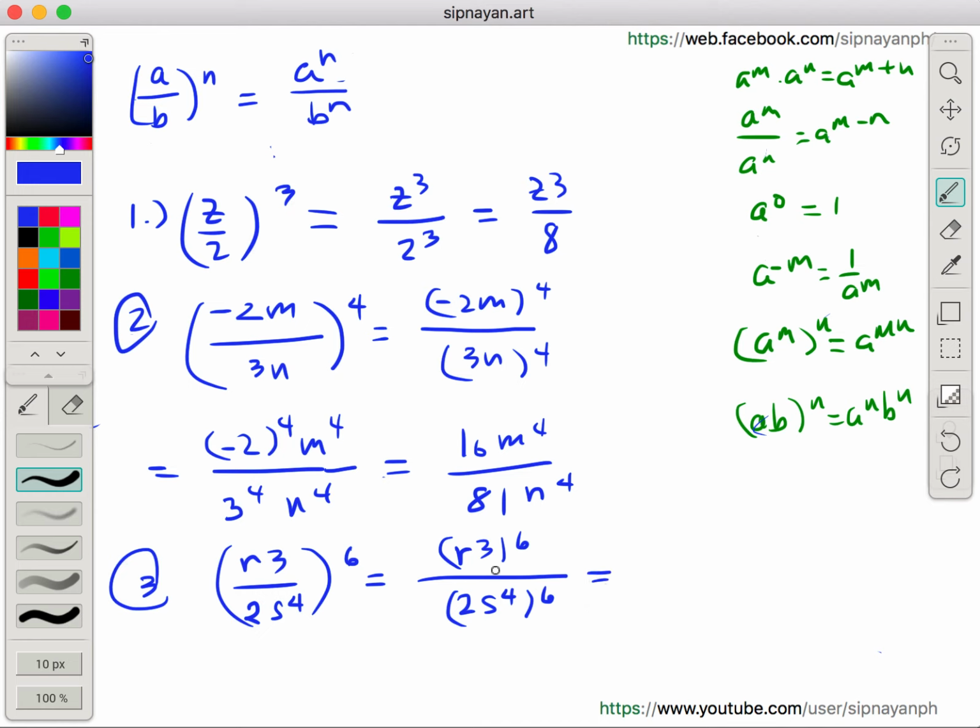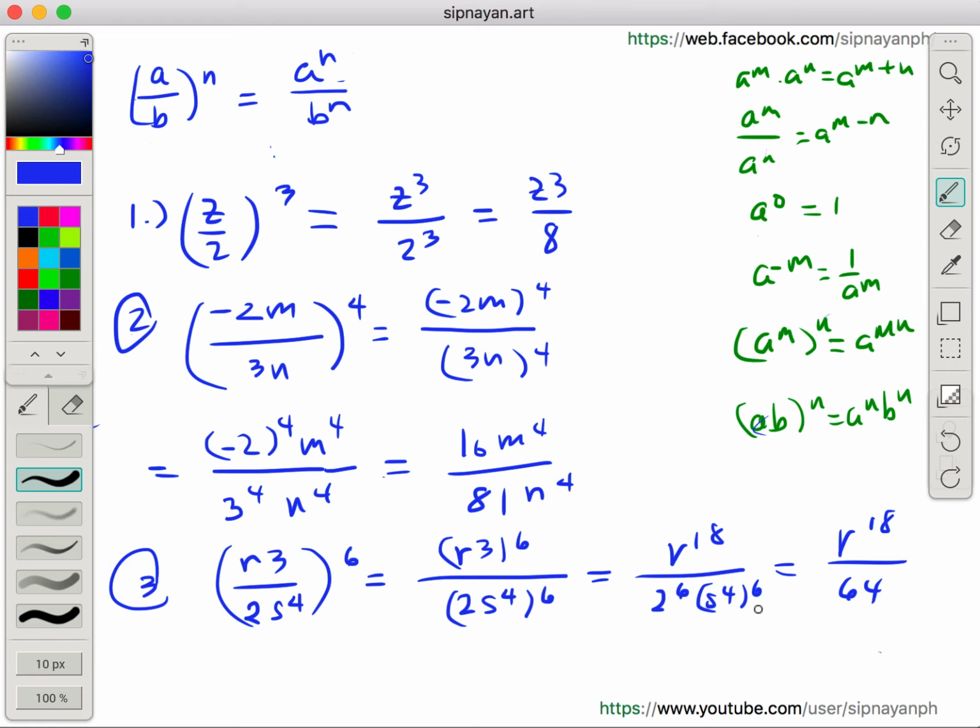So ito, by this law, multiply yung exponent. So that's r to the 18th. Ito, hindi pa pwedeng i-diretso. Magkaibang variable, you raise to a power, and this is power of a product. So 2 raised to the 6th, s to the 4th raised to the 6th. So this is r to the 18th over, what is 2 raised to the 6th? 64? Kasi ang 2 to the 5th is 32, so this is 64.